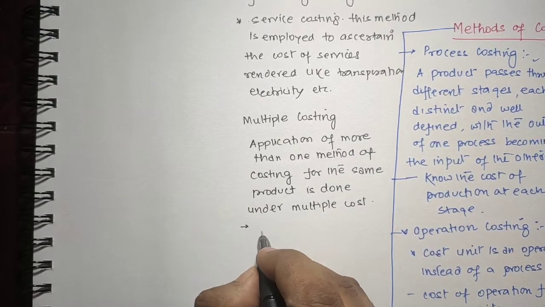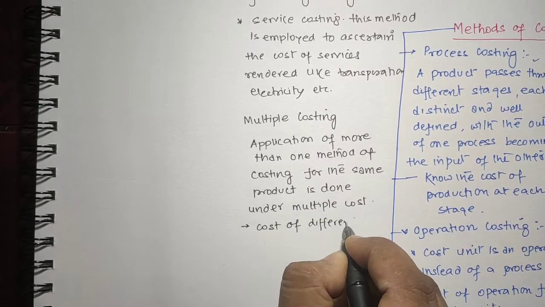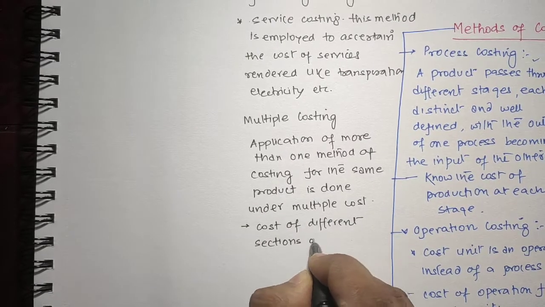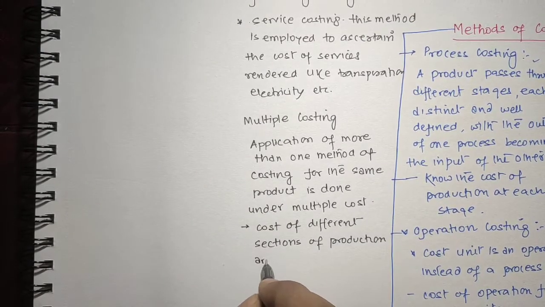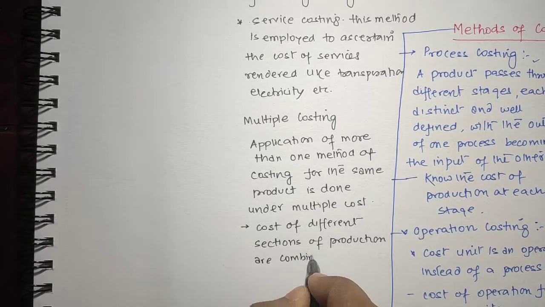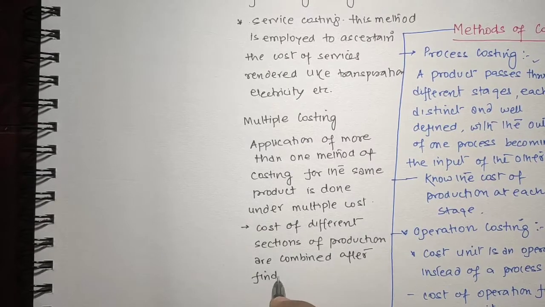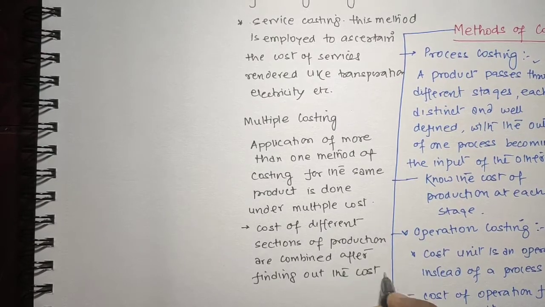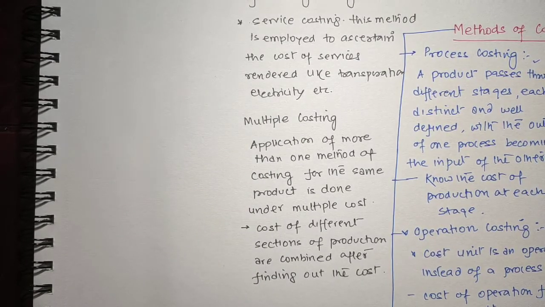The main focus is that the cost of different sections of production are combined after finding out the cost of every part manufactured. For example, car motors, engine, machine, tools, typewriter, etc.